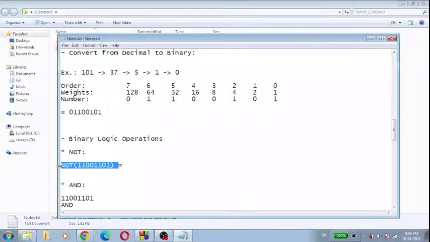The not operation. Actually, if you have a number like this, 11001101, that's a binary number. We are going to make a not operation on this number.